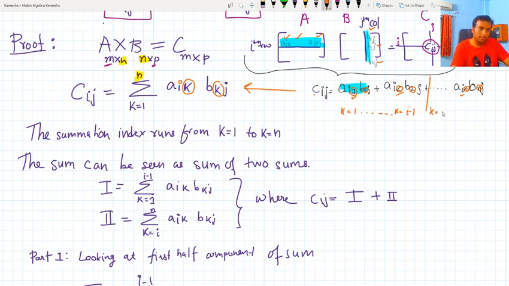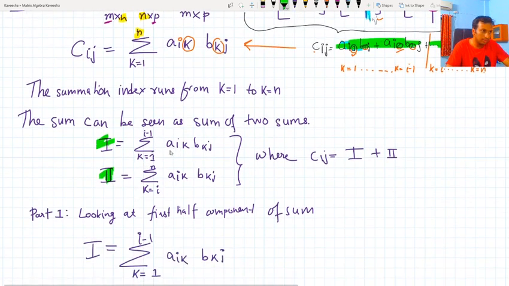And then you take the sum from k equals i to n. It is the same sum, we are just looking at it in two parts. This is the first part of the sum, and this is the second part.